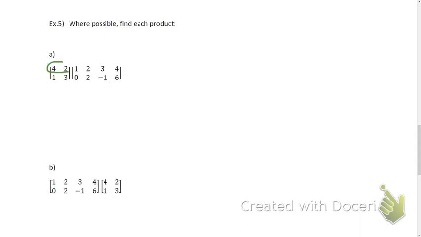Here we have row 1 times column 1. 4 lines up with the 1, 2 lines up with the 0. Look at part B. Row 1 times column 1. That one's not going to work. The 1 lines up with the 4, 2 with the 1. These two have nothing to be multiplied times. This one is impossible.